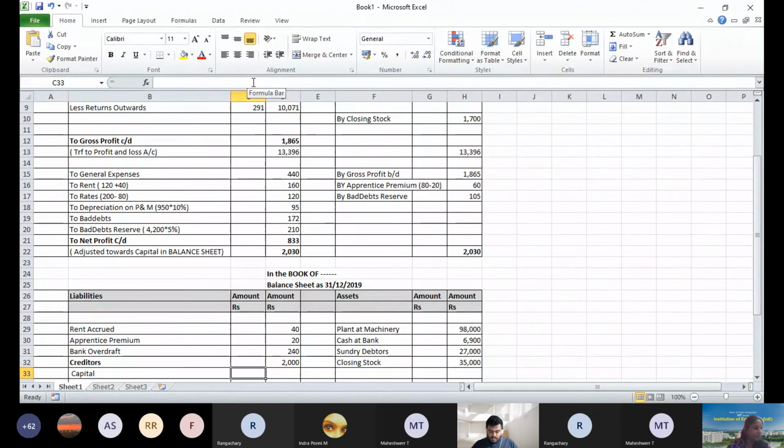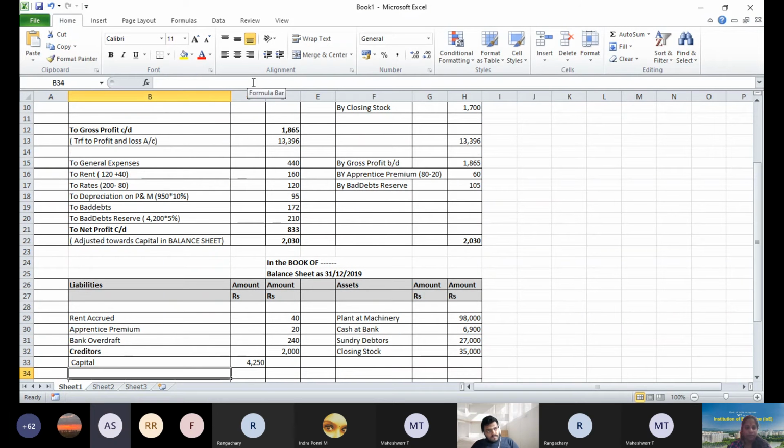Capital, what is the balance sheet? Capital, 4,250. Plus 833, plus net profit. I can't write like that, so add net profit.